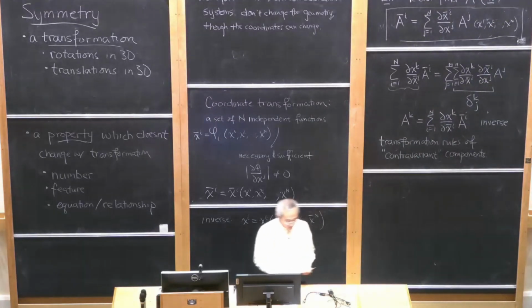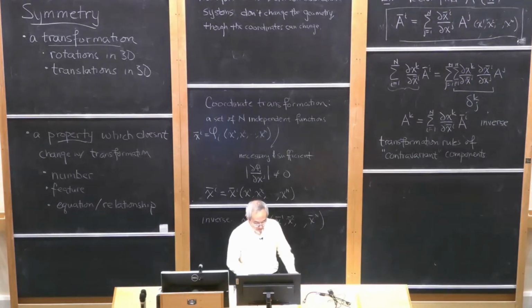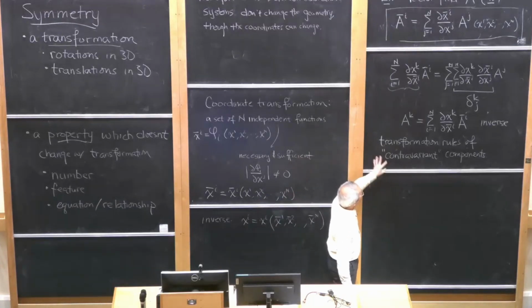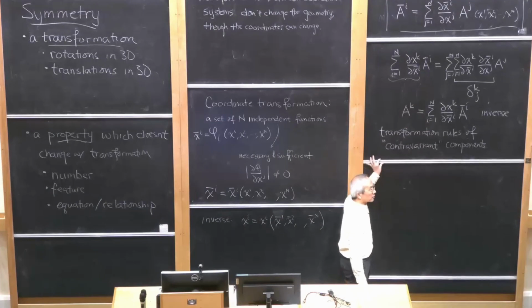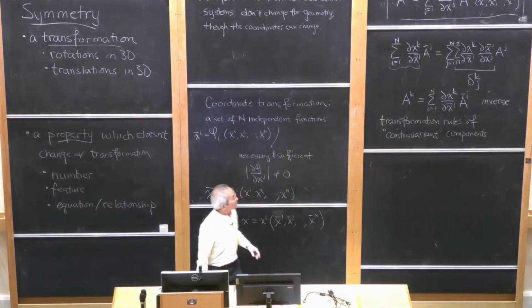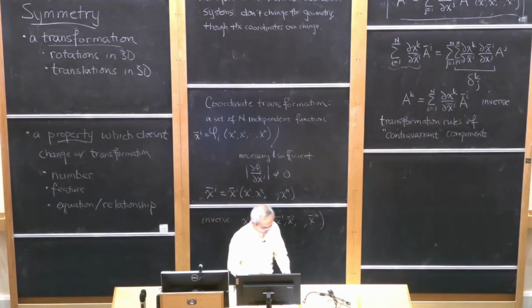Right, as I mentioned, this is contravariant. Now we're going to go for the other variety because not all vectors will transform in this particular way.